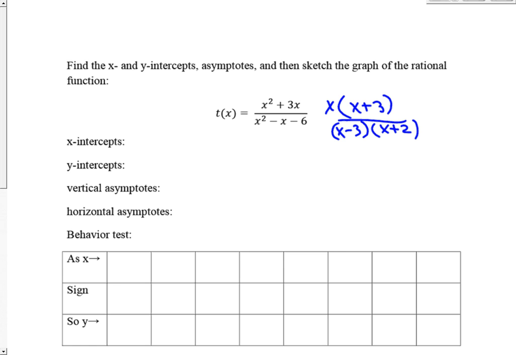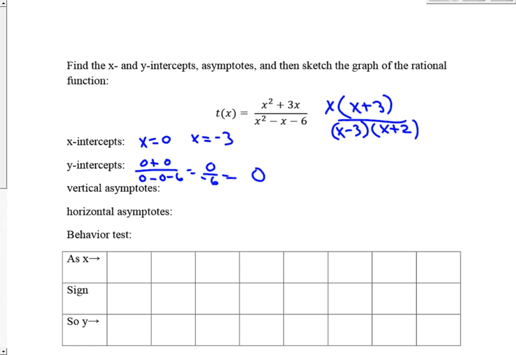Now I'm going to find my x-intercepts. That's when we have the numerator equal to 0, so that's x equal to 0, and x is going to give me, from the x plus 3, negative 3. The y-intercept, I will plug in 0, so that's 0 plus 0 in the numerator, and then at the bottom we're going to get 0 minus 6, which is 0 over negative 6, which is 0.